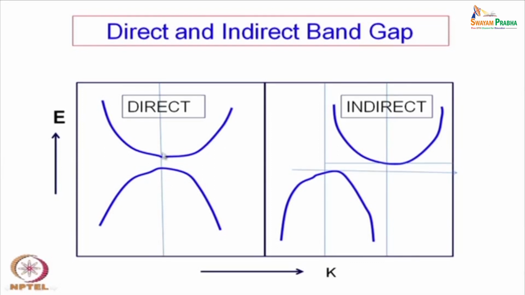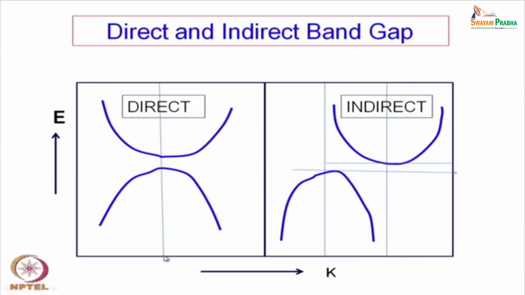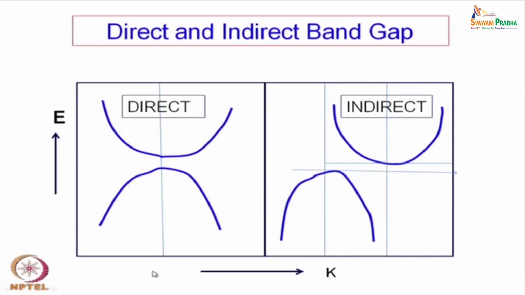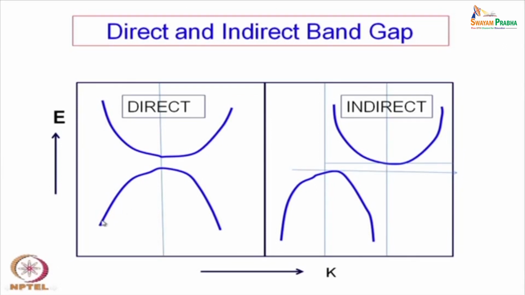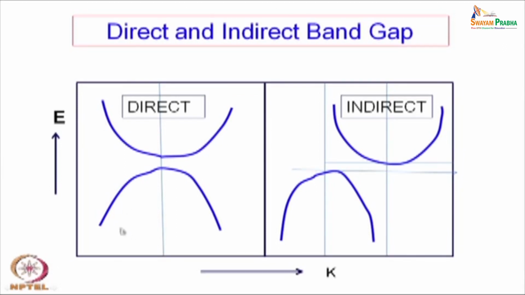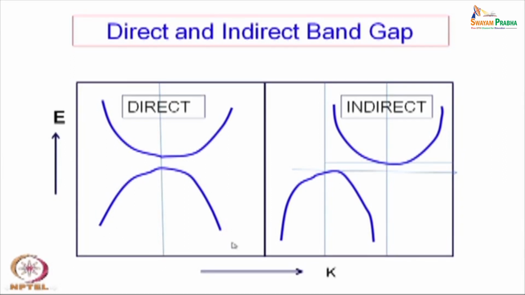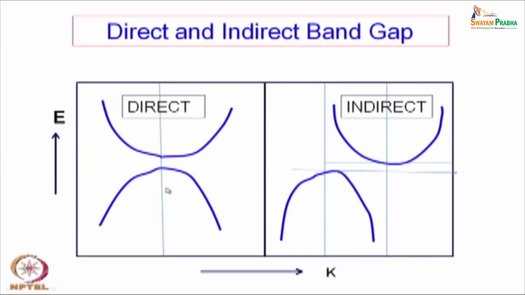Now, this is what we call a direct band gap. This is the direction of the motion. The electron is moving from a lower energy to a higher energy along this direction, and the bands across this direction, the lower band is like this, which means it is not flat at all, as you might have visualized.